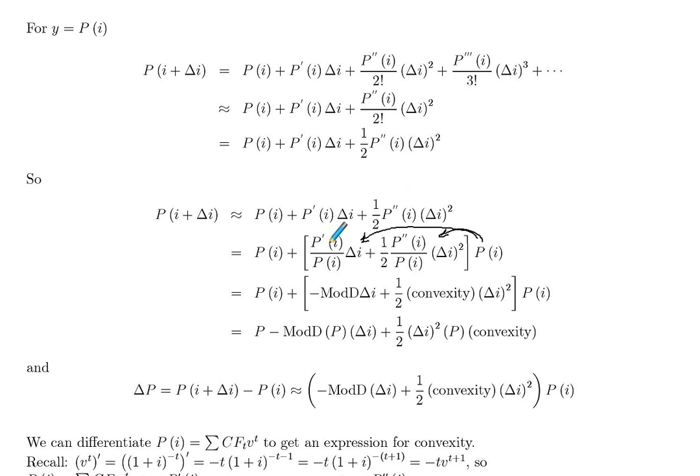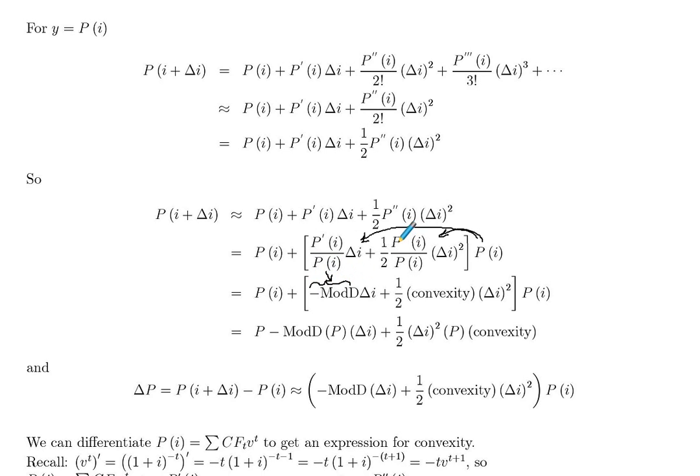Okay, but remember that modified duration is the negative of p prime of I over p of I. So p prime over p is the negative of modified duration. Okay, so I'm substituting p prime over p is the negative of modified duration right there.